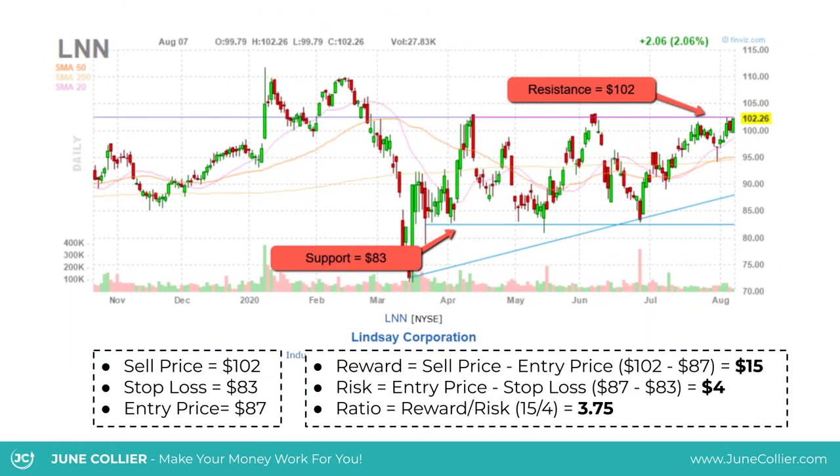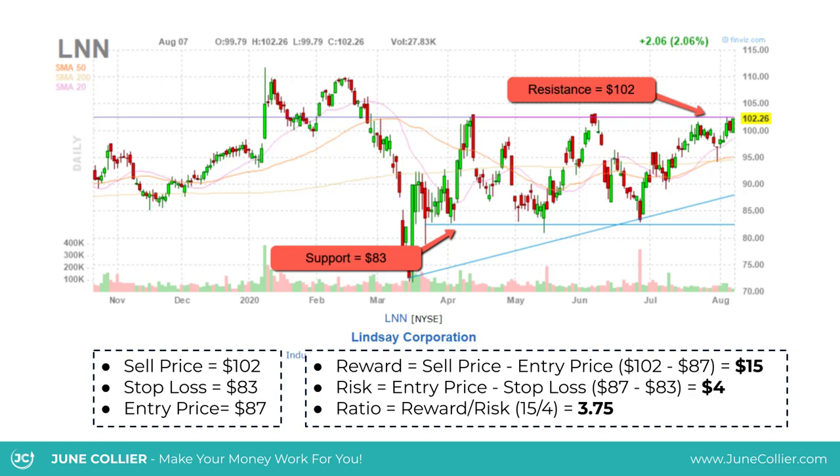Let's look at a more expensive stock. The sell price is $102. The stop price is $83. We set a buy limit order of $87, which is our entry price. The reward is $102 minus $87, which is $15.